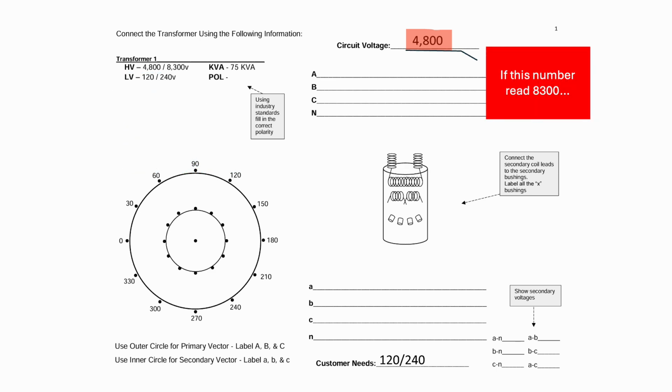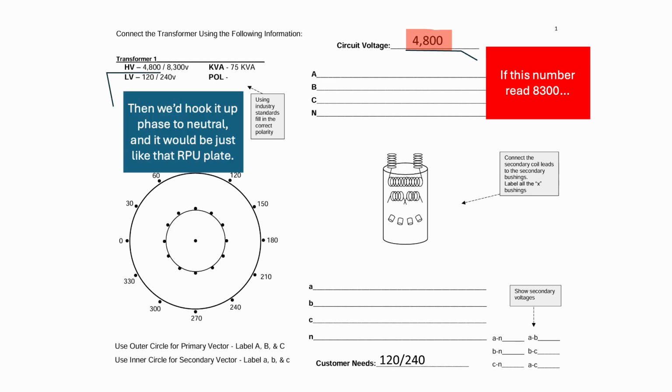If this number read 8300, then we'd hook it up phase to neutral. And this 4800/8300 volt nameplate would be just like that RPU nameplate saying 6930/12,000.